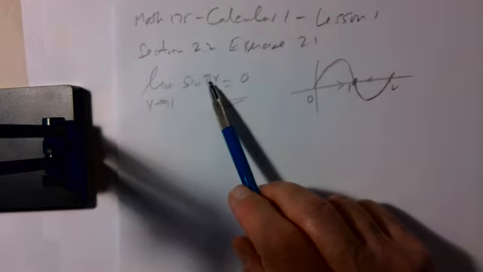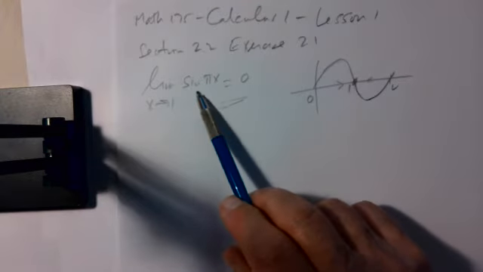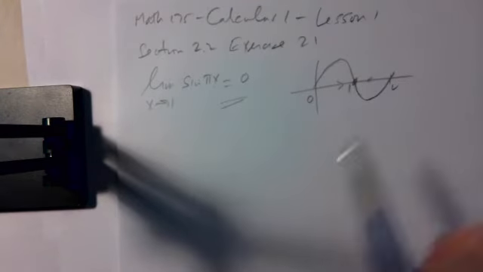So the limit as x goes to 1 is just the value at 1, and the sine of pi is 0. So you get 0. But in this case, they're drawing the graph for you, and they're just telling you to look at the picture. So that's pretty easy. I see.